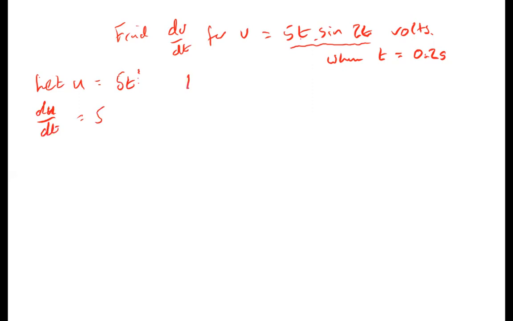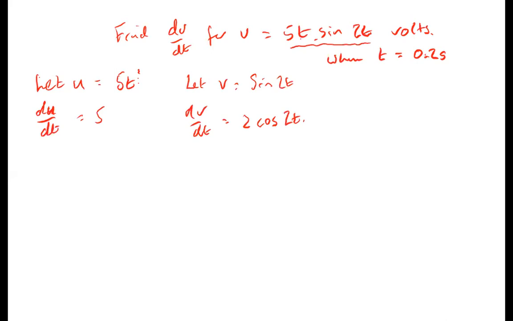And then we let v equal sine 2t. So dv by dt, using the table, 2 comes out, function becomes a cosine 2t. Yeah. Then we put all that in the formula.